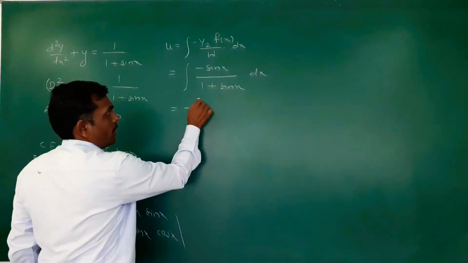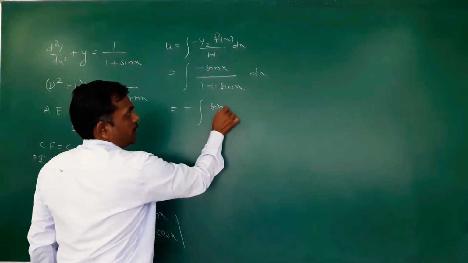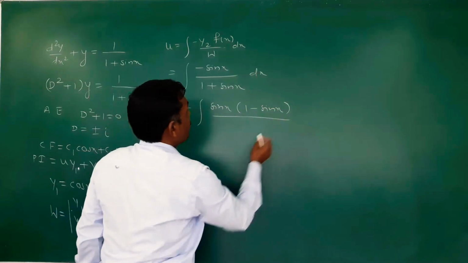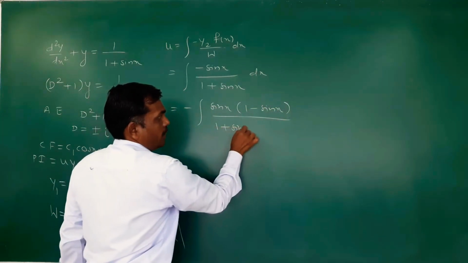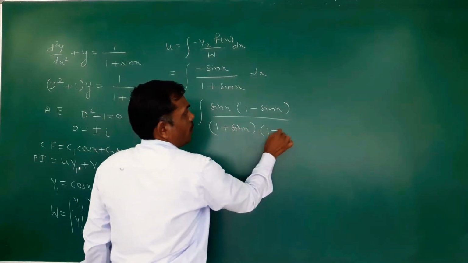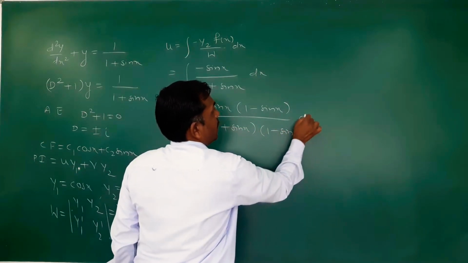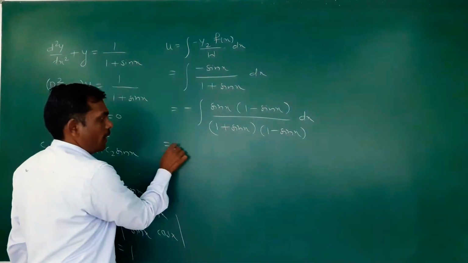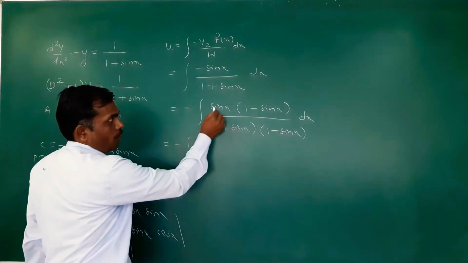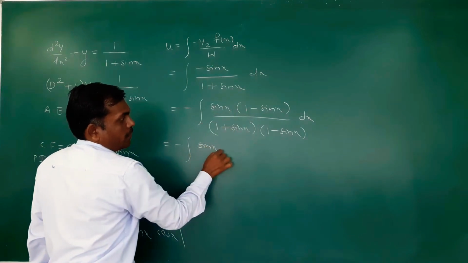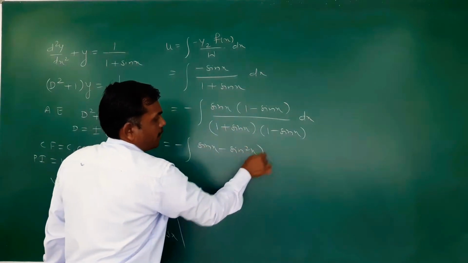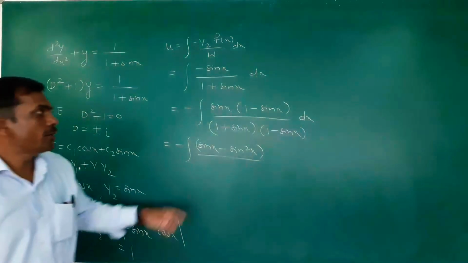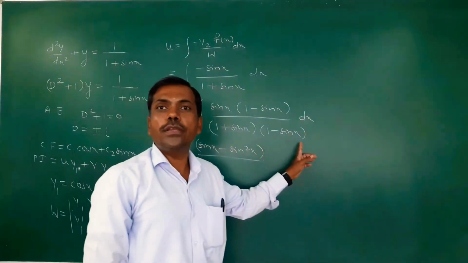So I get here minus sin x as it is, and 1 minus sin x upon 1 plus sin x into 1 minus sin x dx. So here I get minus integration of sin x minus sin² x. I just multiply inside, sin x minus sin² x. What is 1 plus sin x into 1 minus sin x?